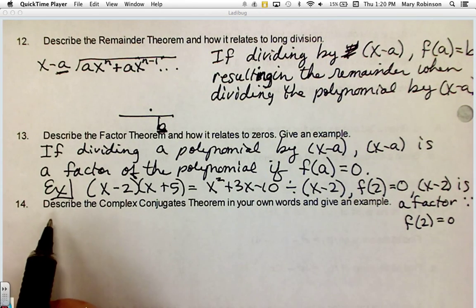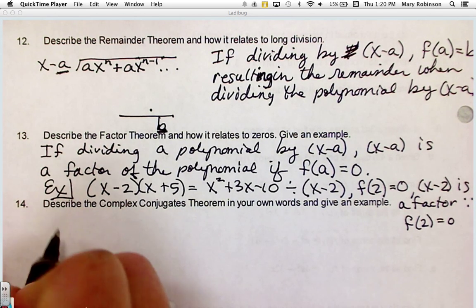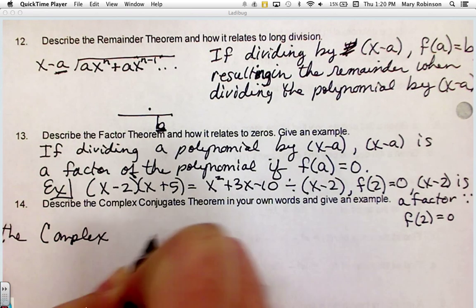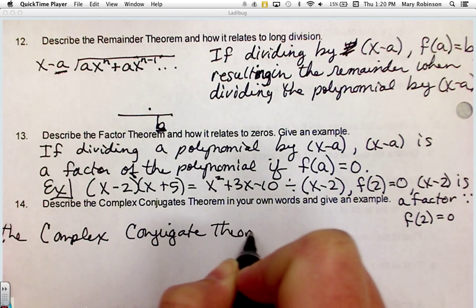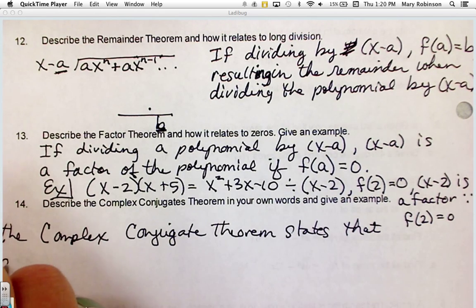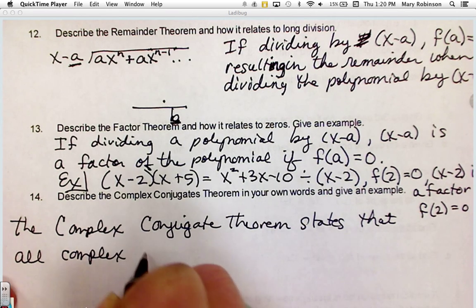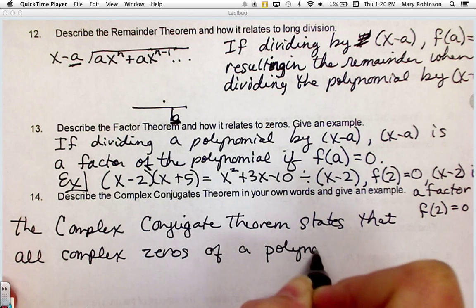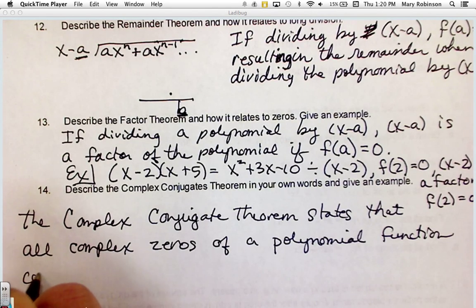For 14, it says to describe the complex conjugate theorem in your own words and give an example. Very concisely, the complex conjugate theorem states that all complex zeros of a polynomial function come in pairs.